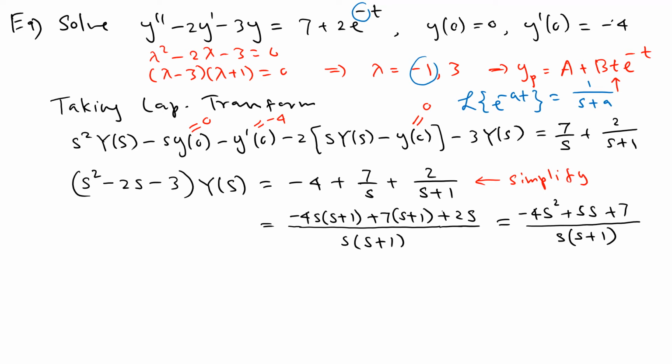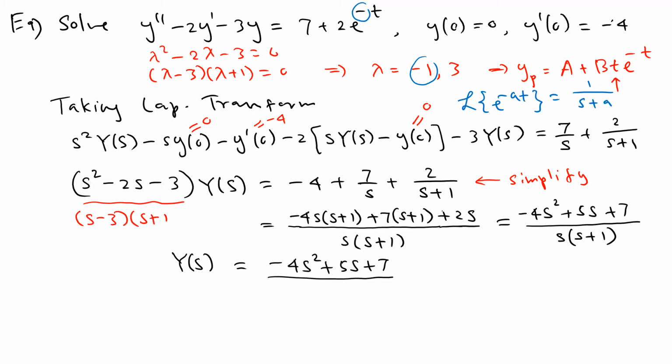Good. Now what we can do is divide by this term. Once you divide by that, you're going to get Y(s) equals negative 4s squared plus 5s plus 7 over, look at the two factors. What are the factors of this? You can see the two factors are s minus 3 and s plus 1.